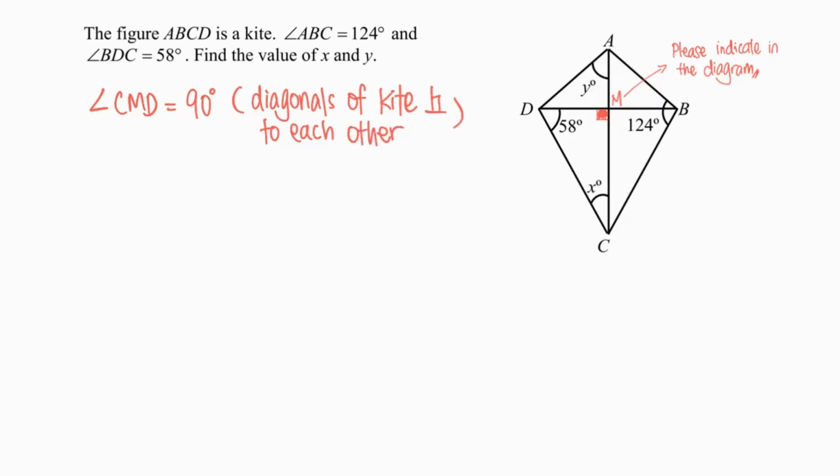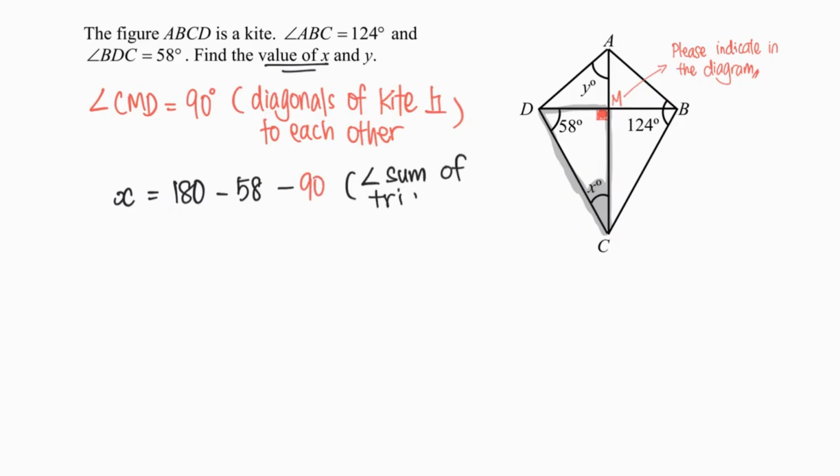Then, from here I will be able to get my x fairly quickly, because this is just a triangle that I'm going to focus on. Since they talk about value of x, x will be equal to 180 minus 58, minus away my 90 as well. Angle sum of triangle, to give me 32.